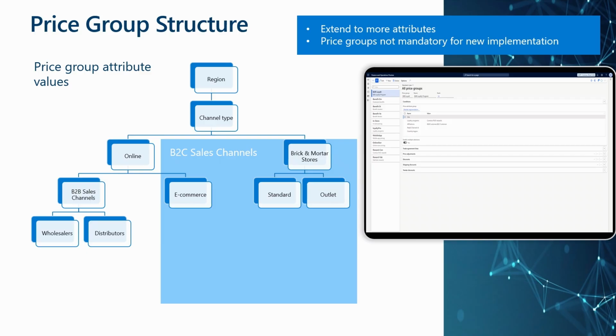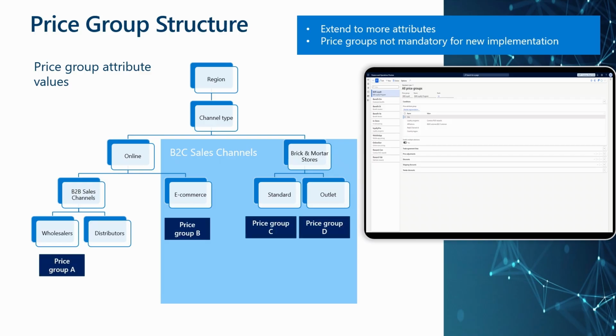Price groups can be defined based on the policy that your organization has. For example, you can apply product discounts across a group of channels to streamline promotions. Price group A can have different prices and discounts during the sales from these channels, while price groups C and D can have different prices and discounts for the same set of products.